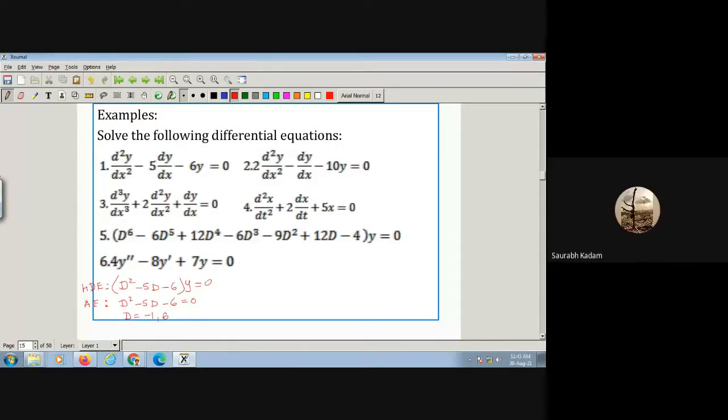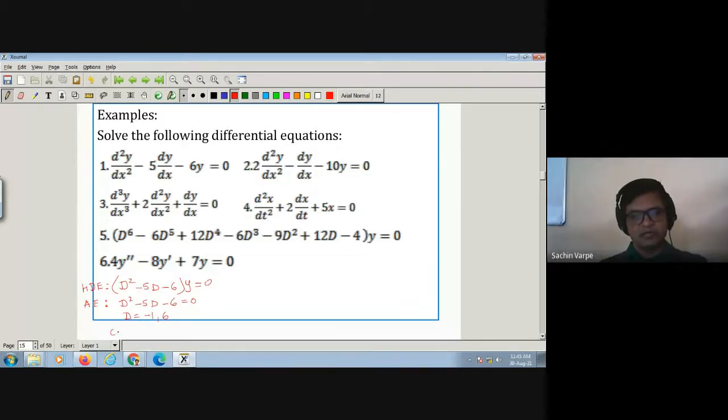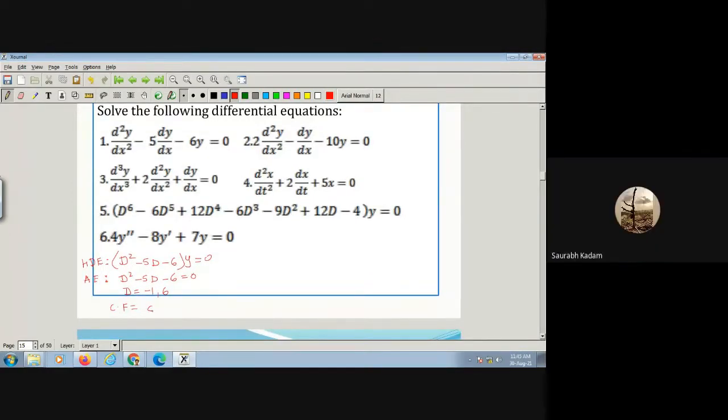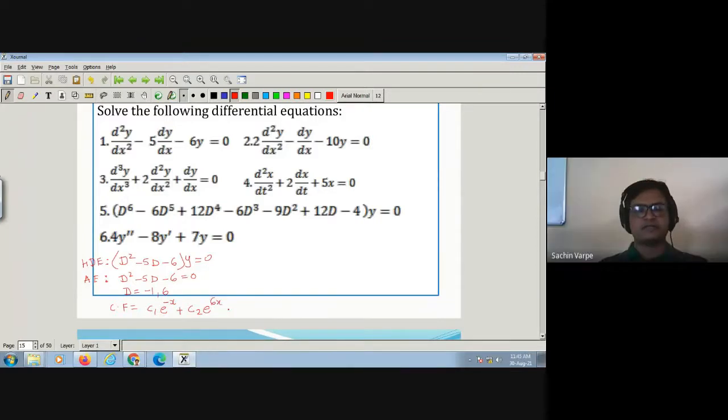Real and distinct. So the complementary function will be, two roots means two constants, y equals c1 e to the power minus x plus c2 e to the power 6x. Good.